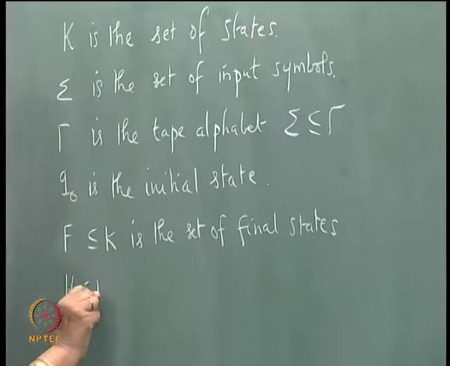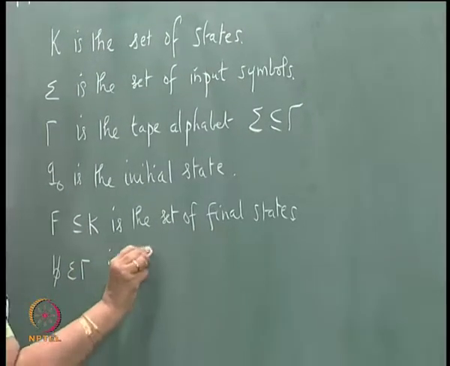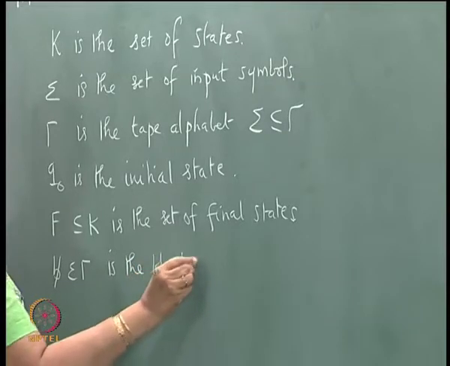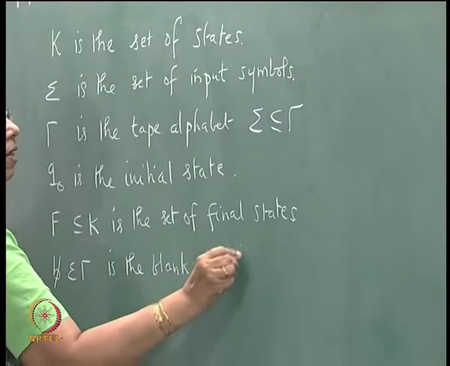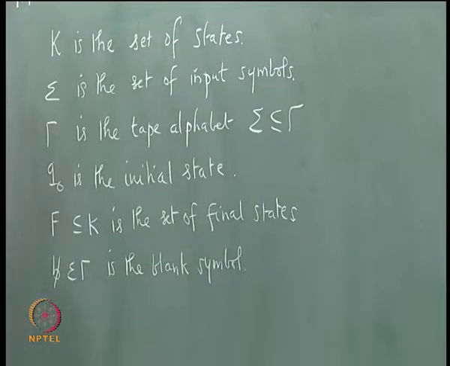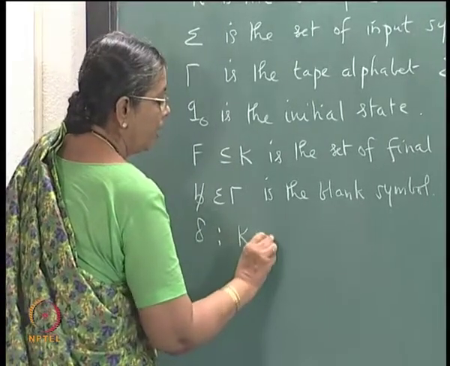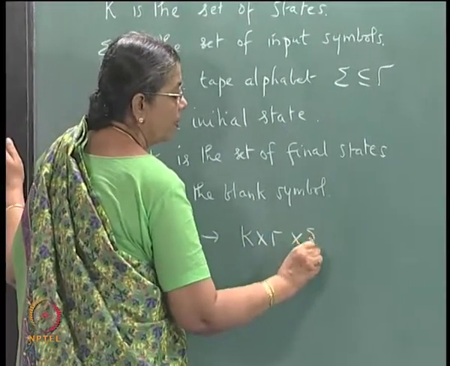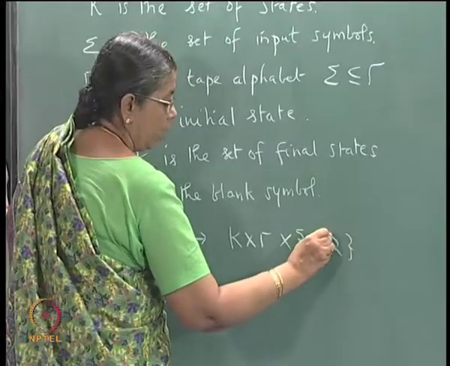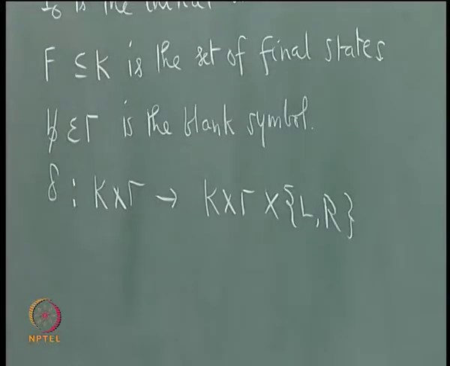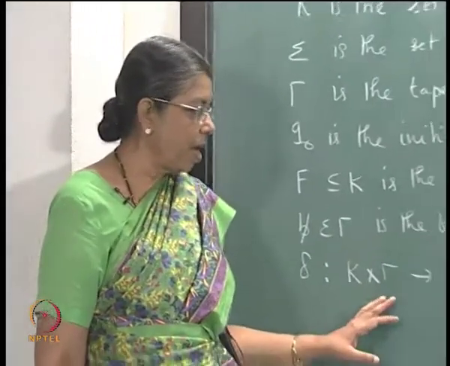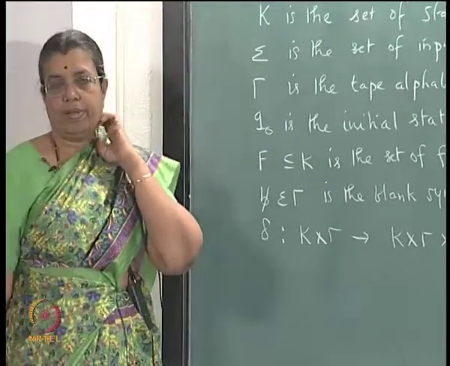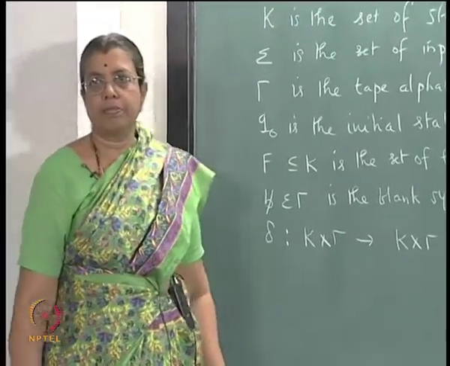The blank symbol belongs to gamma, it is the symbol denoting the blank, and delta is the mapping from K cross gamma into K cross gamma cross {L, R}. Now, we are considering a deterministic Turing machine. If it is non-deterministic, it will be K cross gamma into finite subsets of K cross gamma cross {L, R}, right.